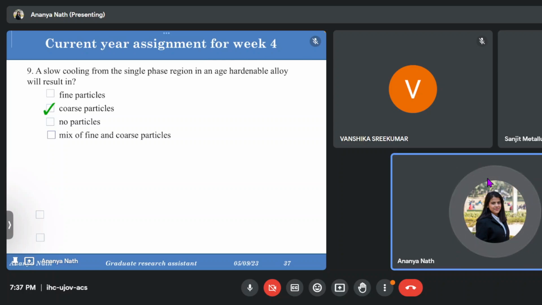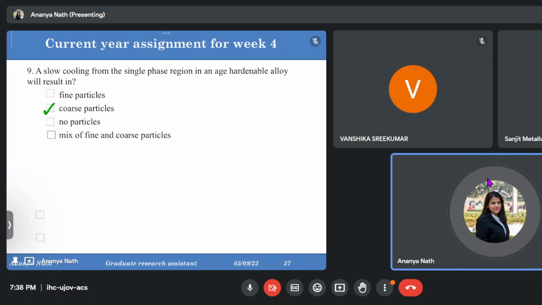We already have the idea about recrystallization, where nucleation and growth take place. For slow cooling, the temperature is high for a longer time, so it gets more time to grow. The nucleated grains get more time to grow.